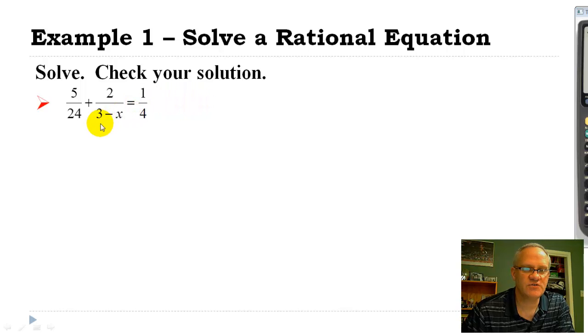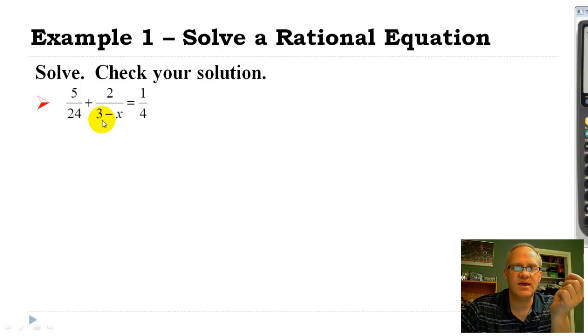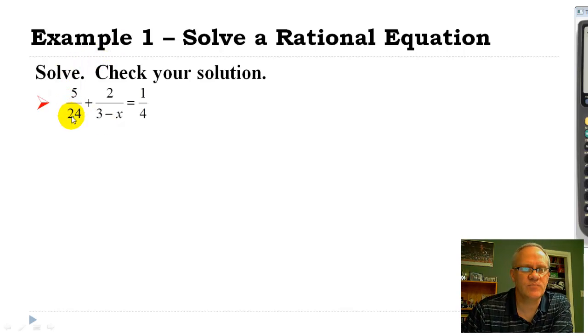Okay, so first of all, remember when we were talking about least common multiple, we're taking each factor and choosing the one that had the most in each part. So for example, 24 breaks down to what? 6 and 4. 6 would go down to 2 and 3. 4 would be 2 and 2.